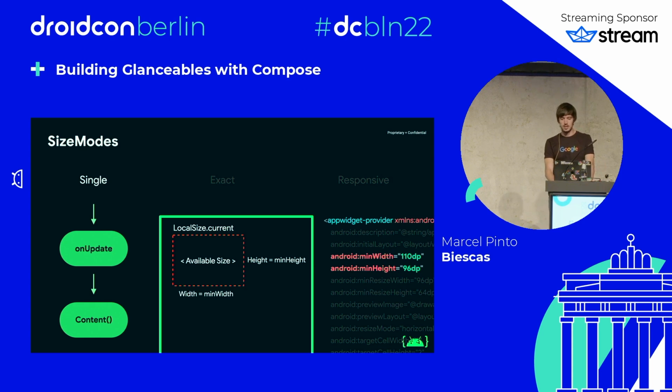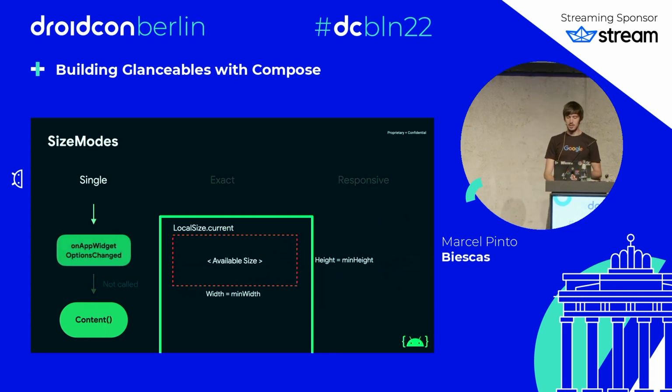So this is telling the system, I don't care about the available space I have. I just want to ensure that the minimal space that I will have for my widget is this one. And if it changes the size, I don't care. The UI will be the same. So it doesn't change even if you expand the widget. Your content function is not called again whenever the user resizes, because the size value is not changing.